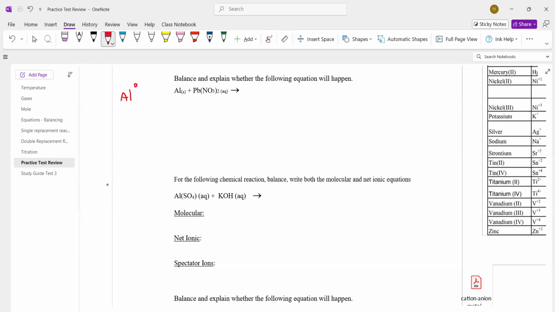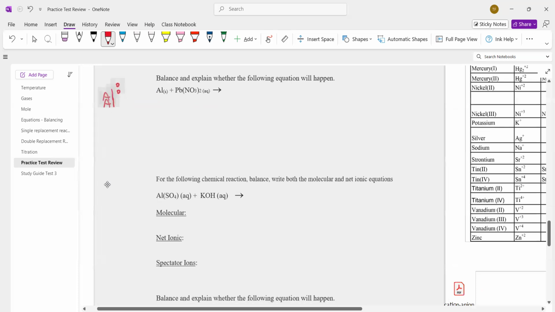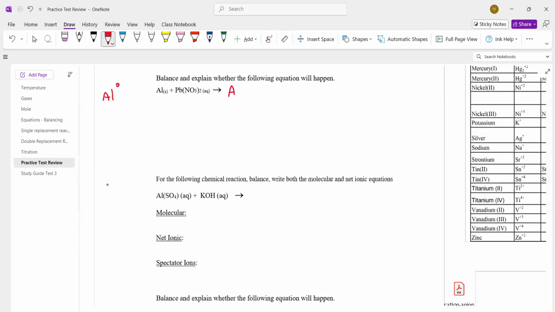Okay, so let's write the possible reaction. First of all, lead nitrate.